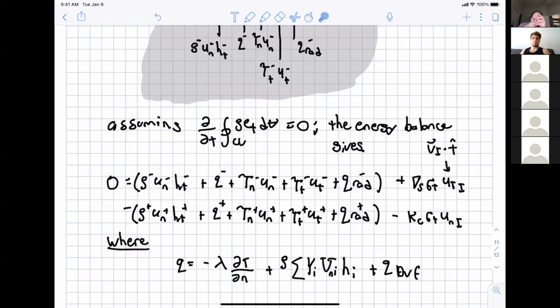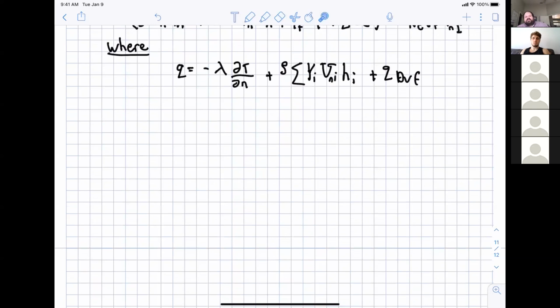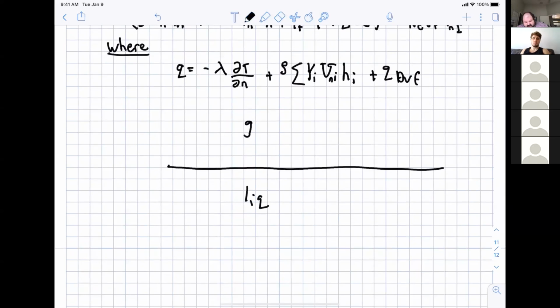Well, how this is used in practice is you don't want to resolve all the microphysics on the surface, right? We're not going to get into numerics in this class, but I'll describe briefly how these are used. Say we have a domain here, I'll call this liquid, and I'll call this gas. And just like you said, you don't want to resolve all of those microphysics.